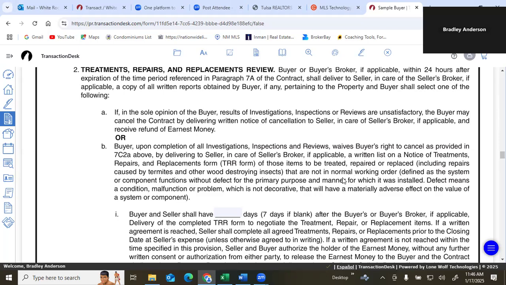Of those items to be treated, repaired, or replaced, including repairs caused by termites and other wood-destroying insects that are not in normal working order, defined as the system or component functions without defect for the property, purpose, and manner for which it was installed. Defect means a condition, malfunction, or problem which is not decorative, that will have a materially adverse effect on the value of a system or component. So this is what you want done.